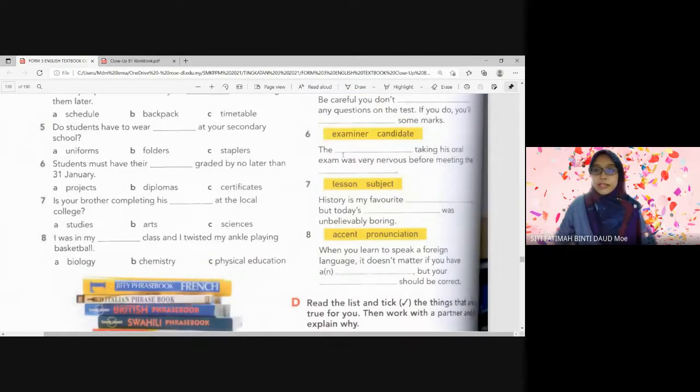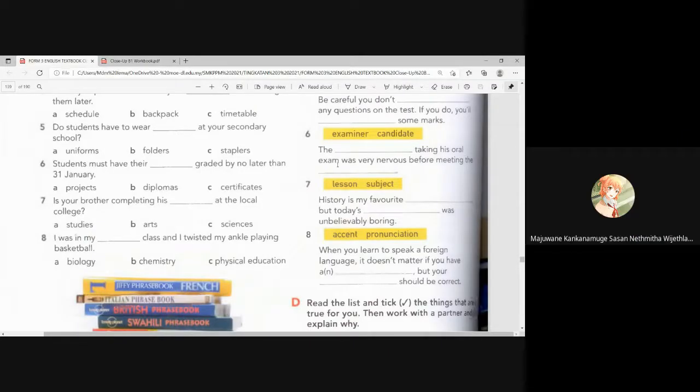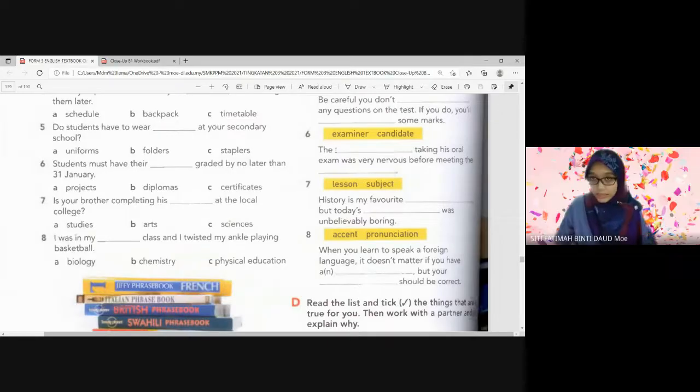Next, number 6. The what taking his oral exam was very nervous before meeting the what? We just discussed about this. Who is taking exam? Candidate. The candidate taking exam before meeting the examiner. Oral exam is a speaking test.